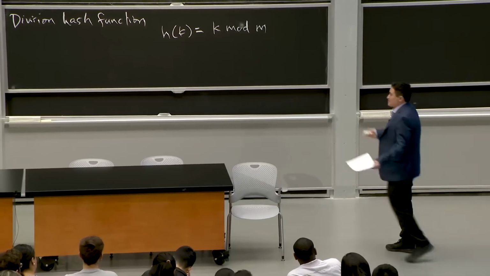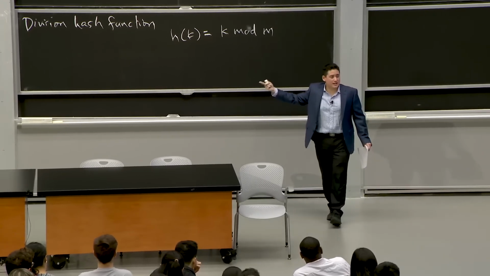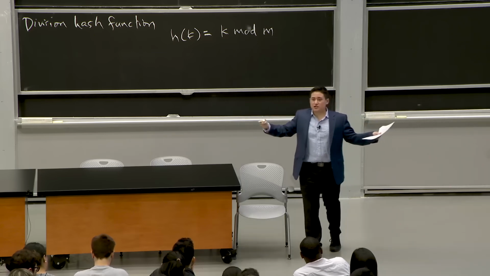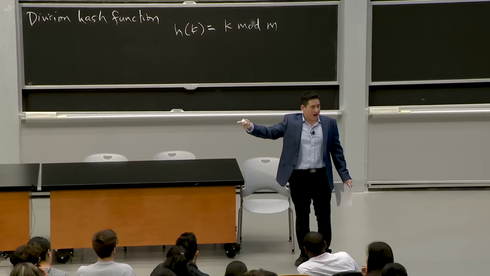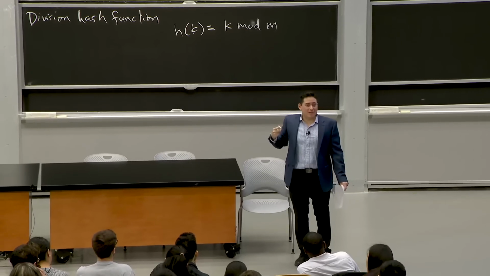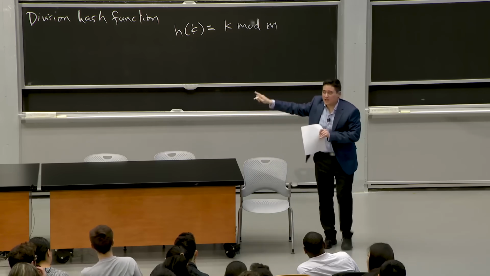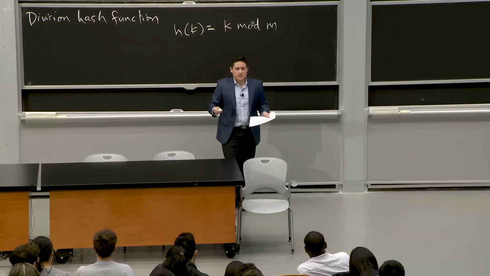I don't want to know that sometimes this will be good. I really want to know that if I make this data structure and I put some inputs on it, I want a running time that is independent of what inputs I decided to use, independent of what keys I decided to store. Does that make sense?